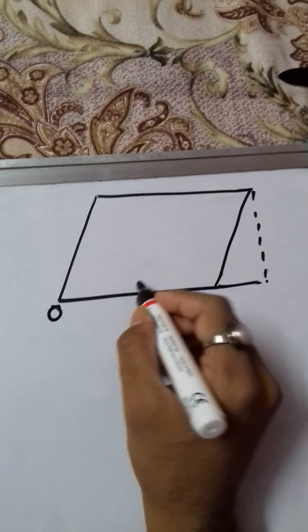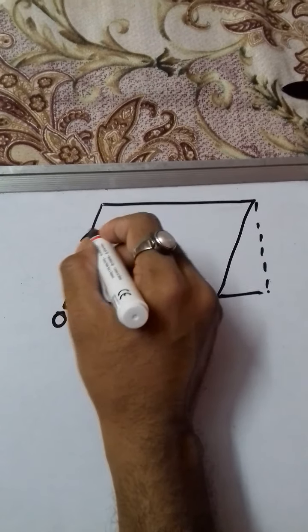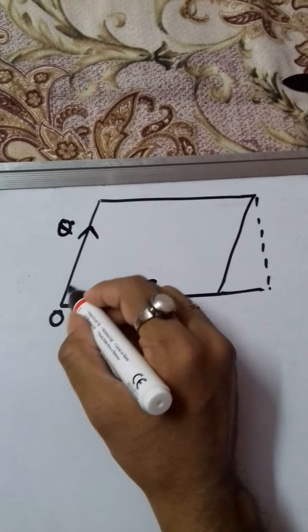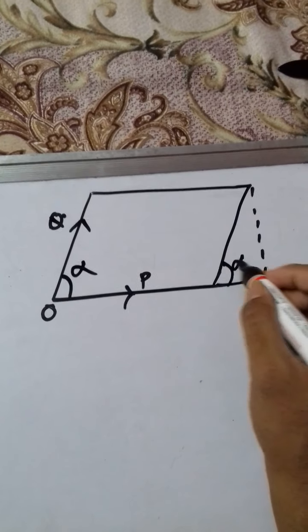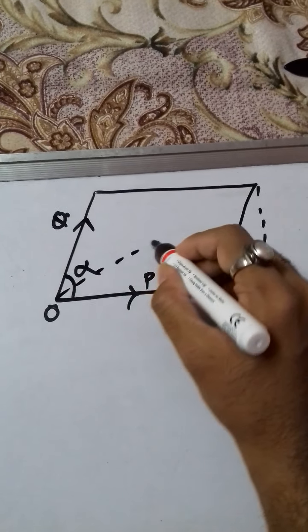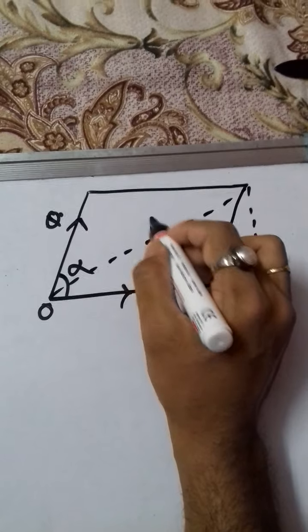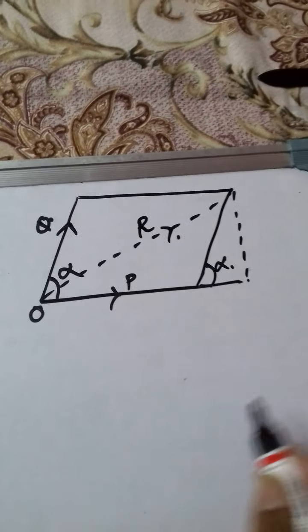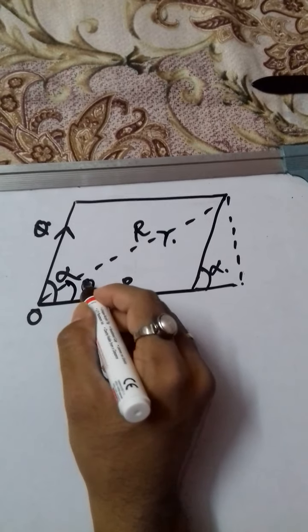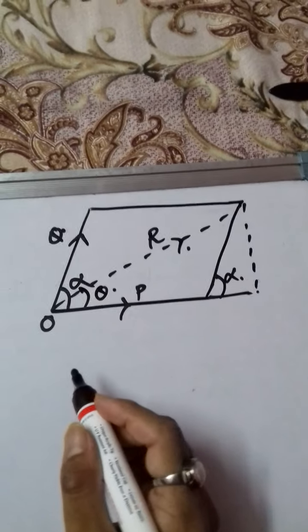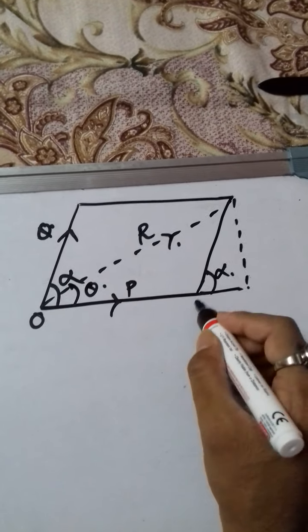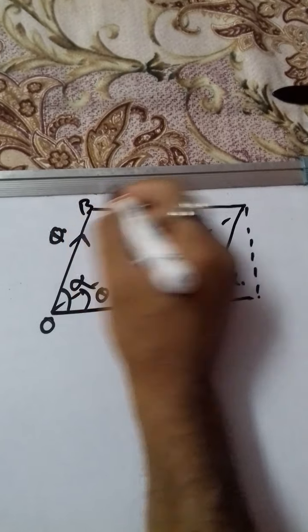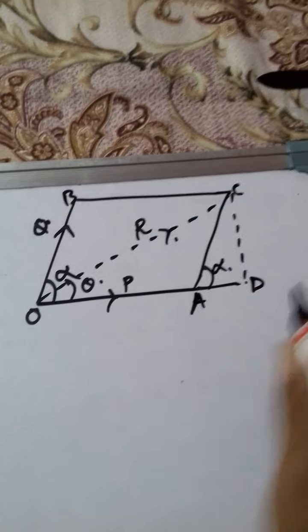This was the meeting point, this was P, this was Q, this was alpha, and this was the resultant, and this was theta, that is the angle between P and the resultant. Okay, this is A, B, C, D.